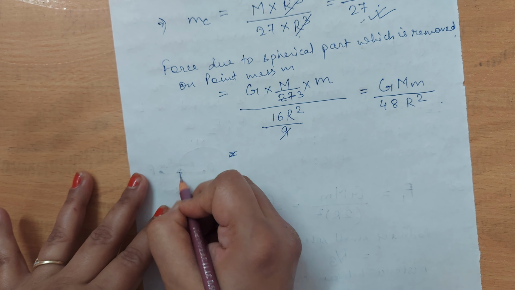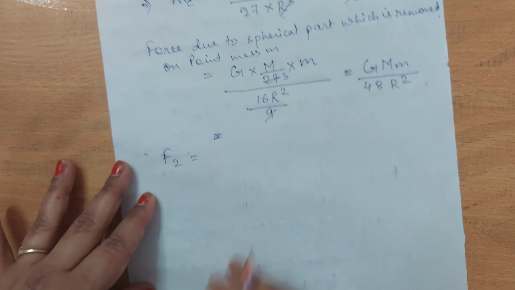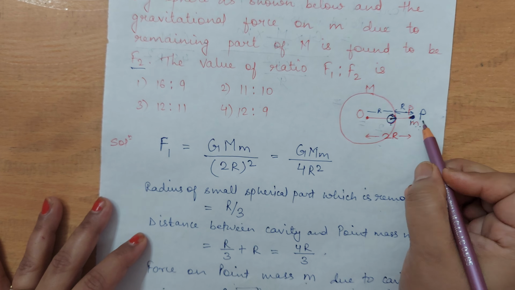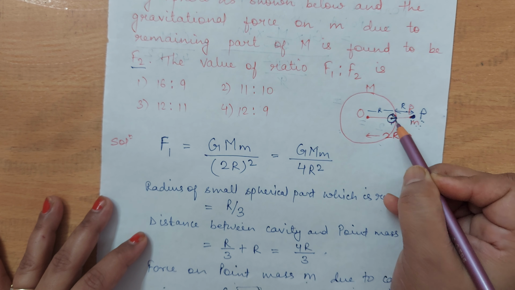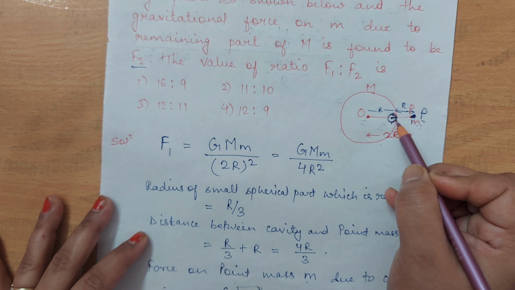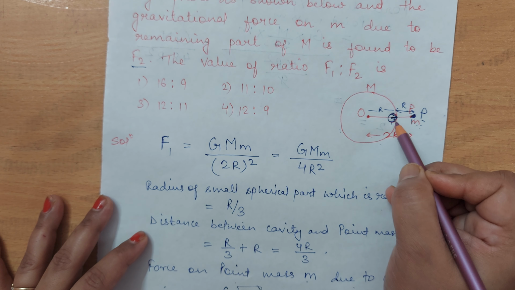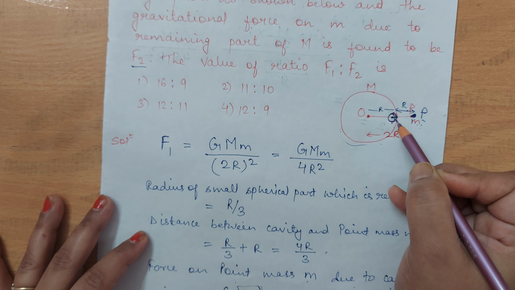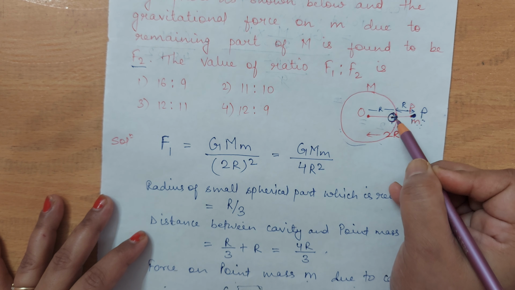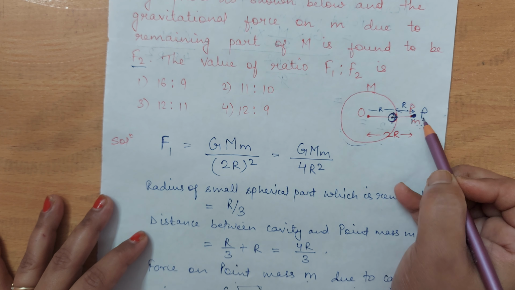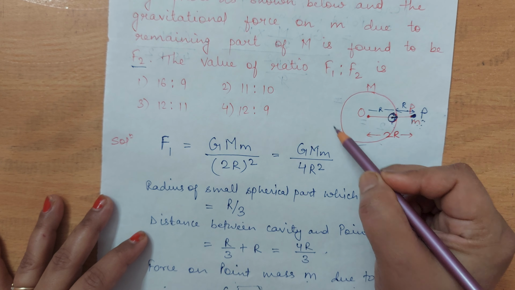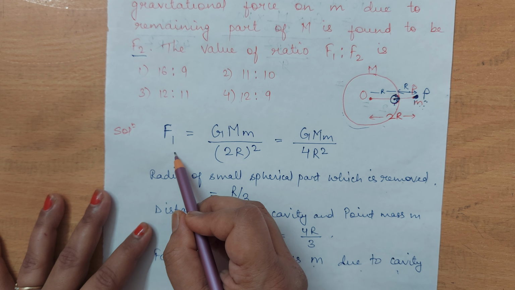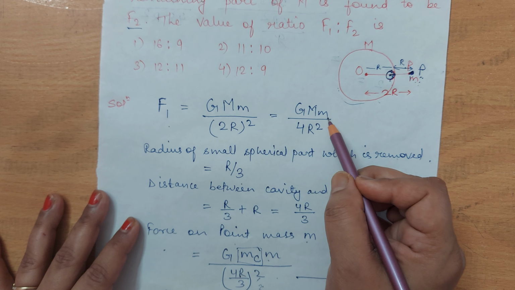Now we have to find F2, which is the force at this point P due to the remaining sphere when this spherical part is removed. That we can find out when we subtract the force due to the small spherical part from the force due to the big sphere. If we subtract these two, we can find out the force at the point P due to the remaining sphere. So the force due to the big sphere, just now we calculated, is equal to GMm by 4r square.